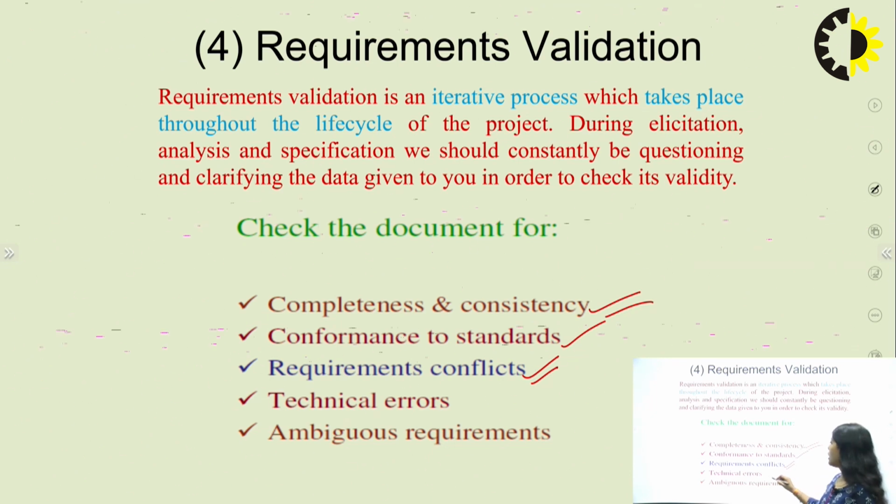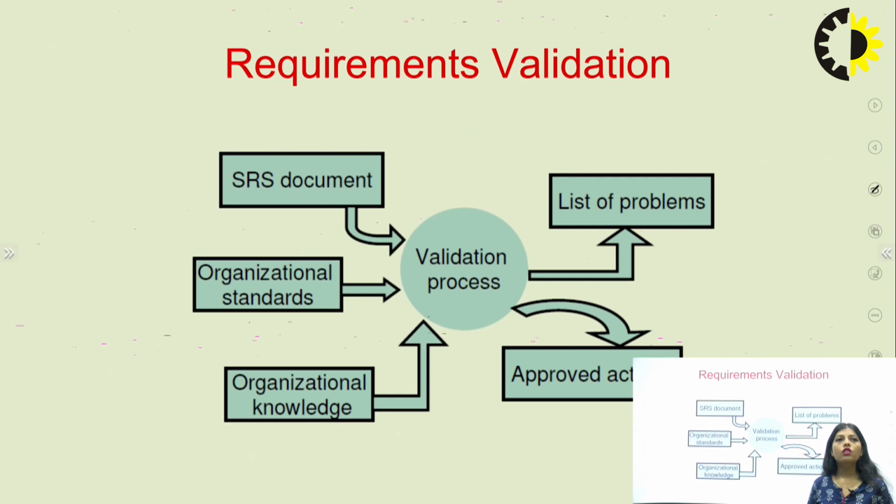After that, technical errors. If we have any error in the software development, then we can easily remove it. Next is ambiguous requirements. If we have any ambiguity in the software project, then we can check the document for these categories. So basically, these are the steps or the procedure which we have to follow during the validation process.